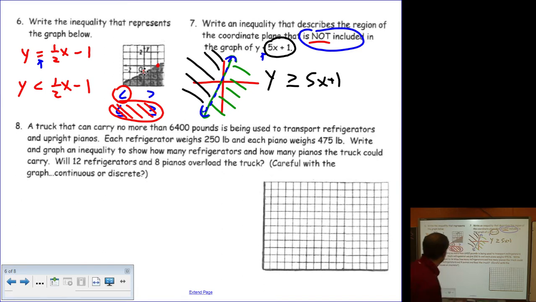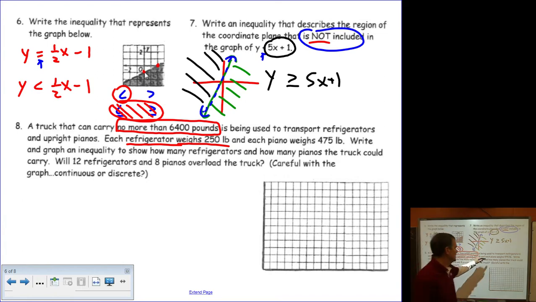All right, our most difficult problem is the story problem. A truck that can carry no more than 6,400 pounds, that's important, is being used to transport refrigerators and upright pianos. Each refrigerator weighs 250 pounds, and each piano weighs 475 pounds. Write and graph an inequality to show how many refrigerators and how many pianos the truck could carry.